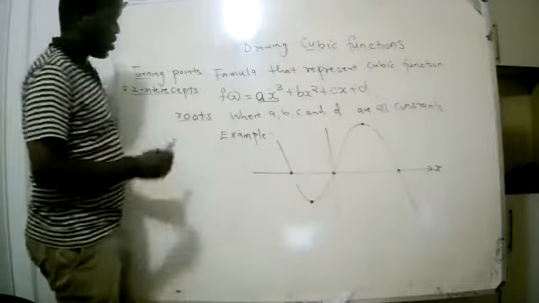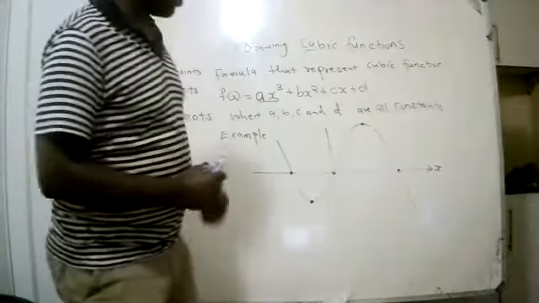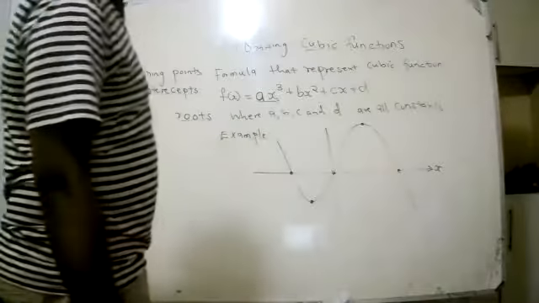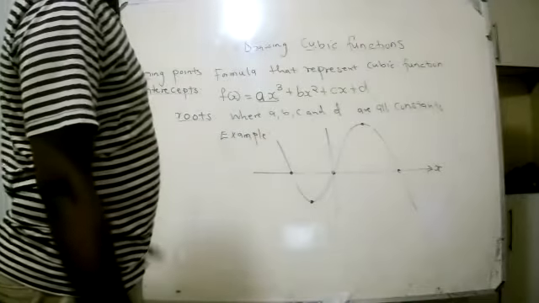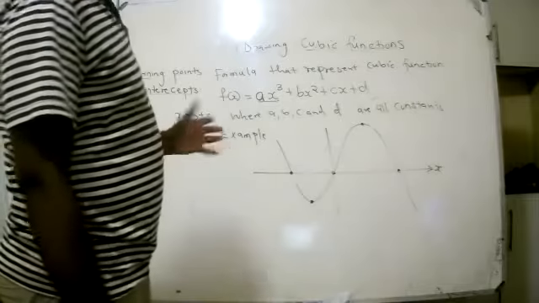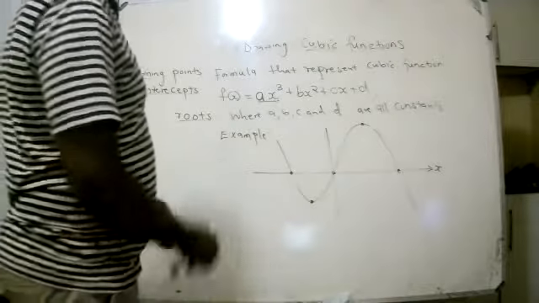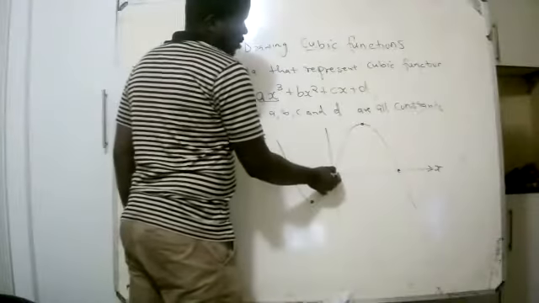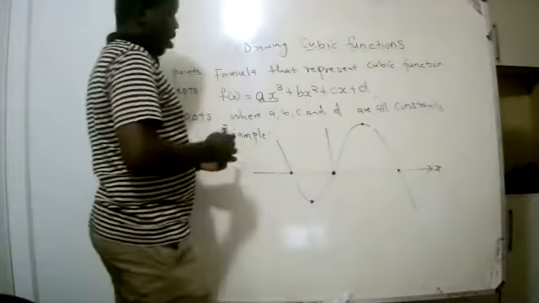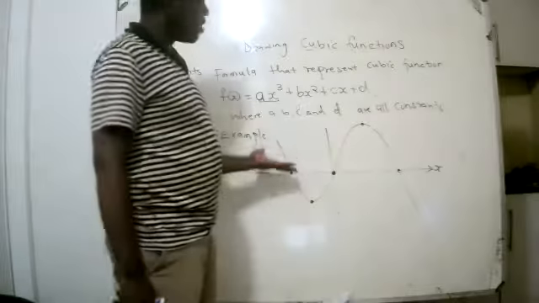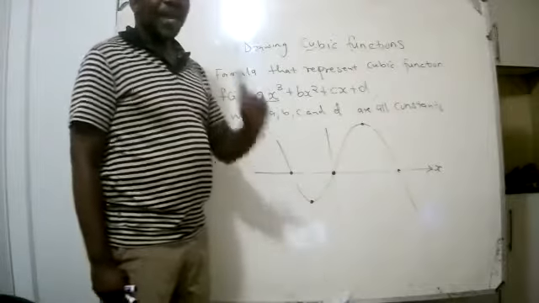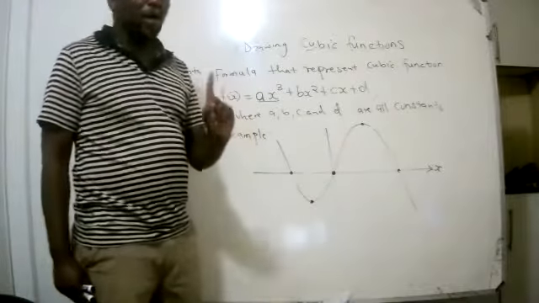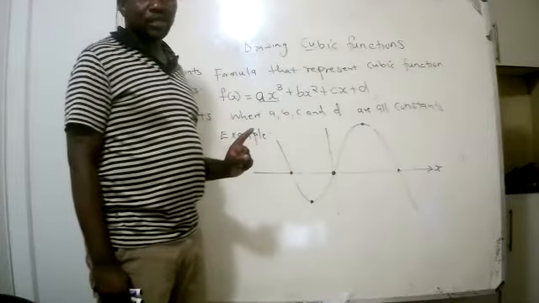This is the root. Now, let me go further to discuss what relates the parabola and the cubic function. One more thing which relates these two functions is the y-intercept. Both the cubic and parabola graphs have just one y-intercept.